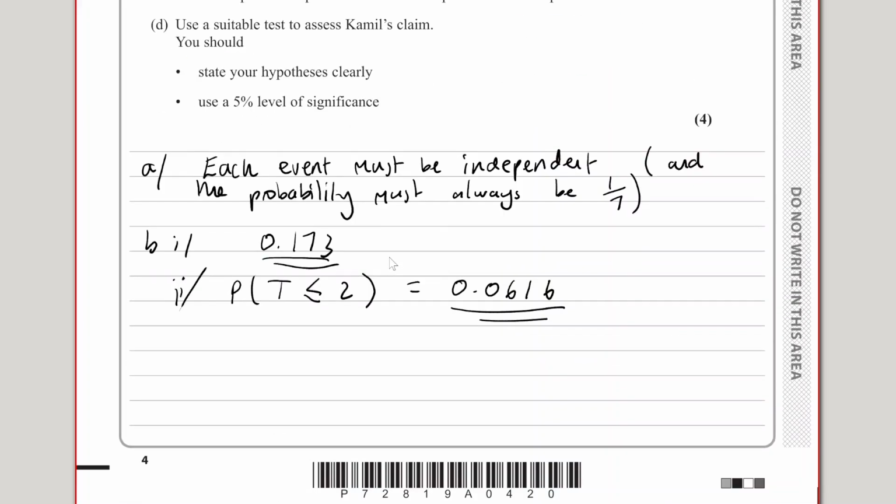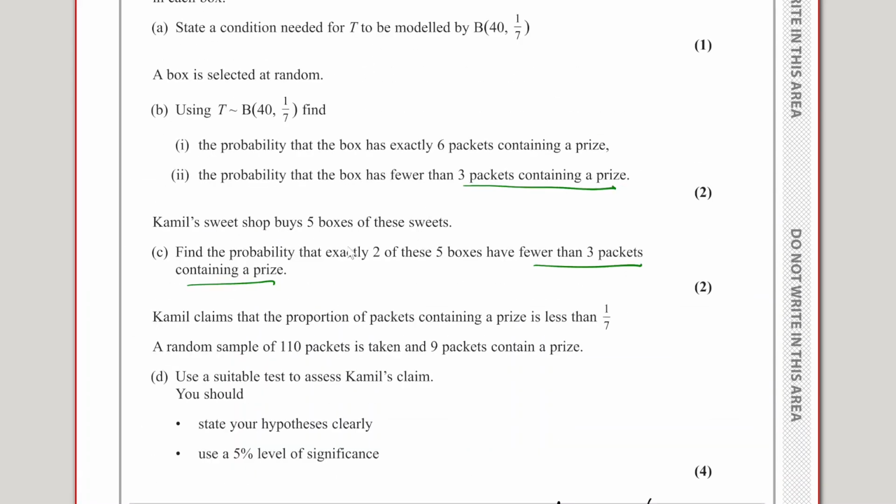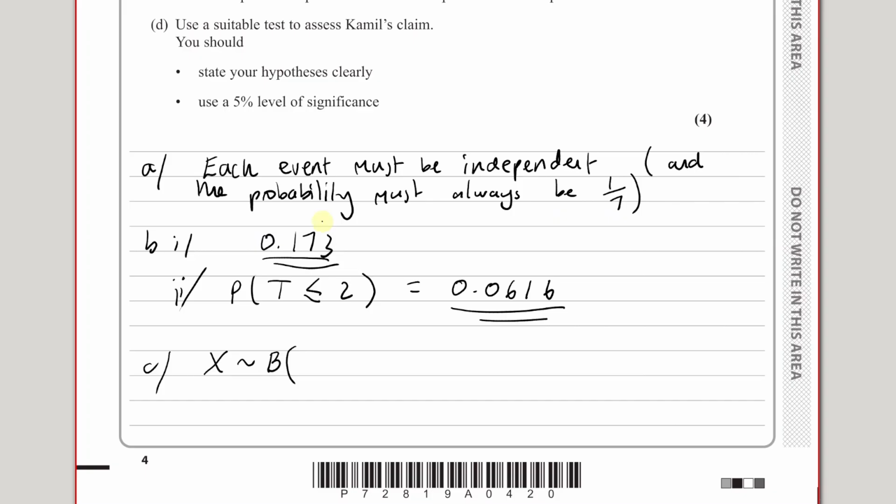So we want to change our binomial into x is distributed binomially with n as 5 this time. And the probability of success, 0.0616. So then the probability x equals 2, was it?